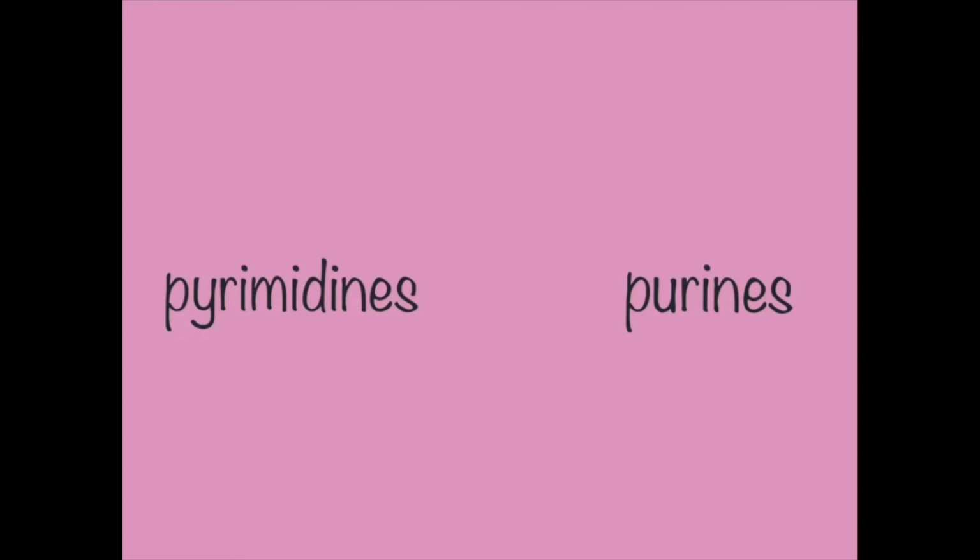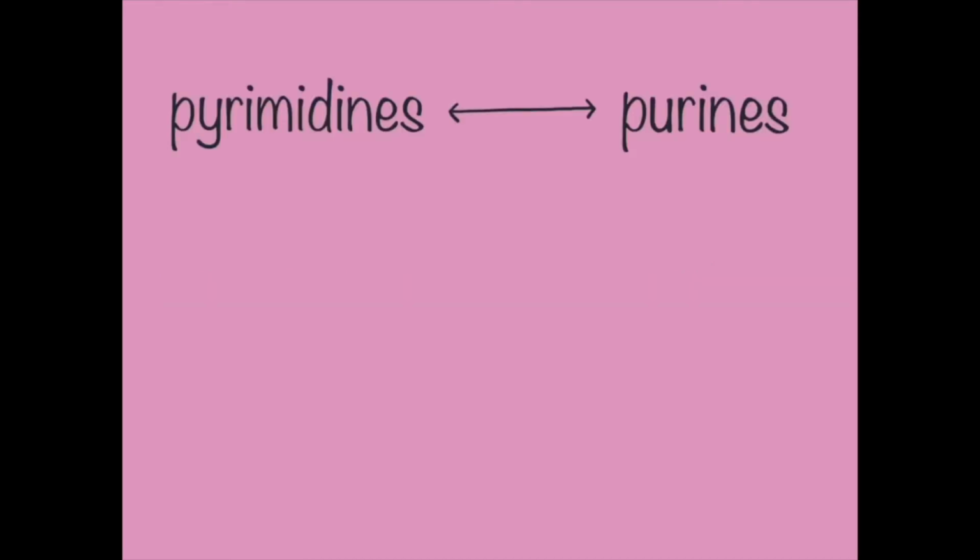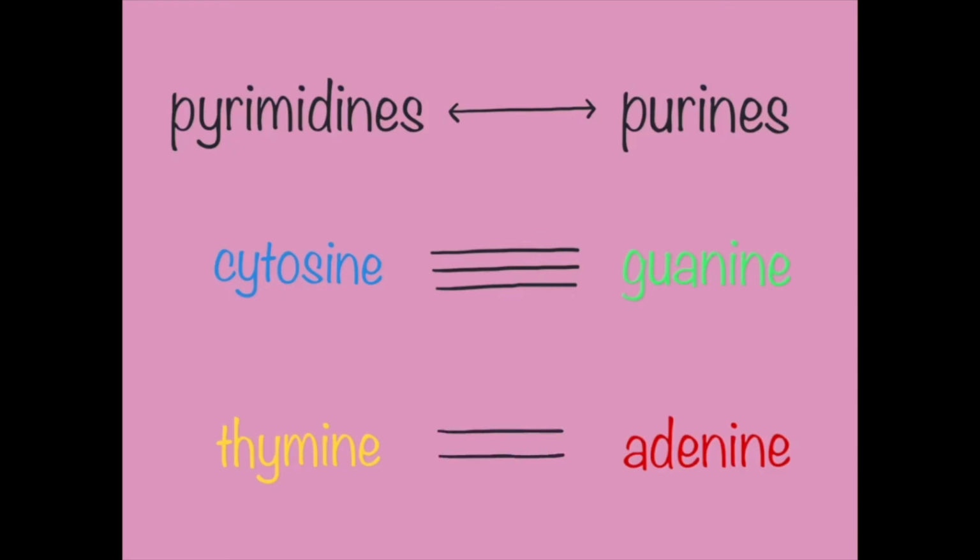When bases pair with other bases from another DNA strand, they have specific partners. Pyrimidines always pair with purines, and we can go even further to say that specific pyrimidines pair with specific purines. In the case of DNA, cytosine pairs with guanine and thymine pairs with adenine.